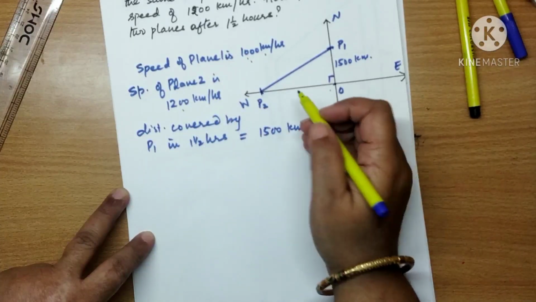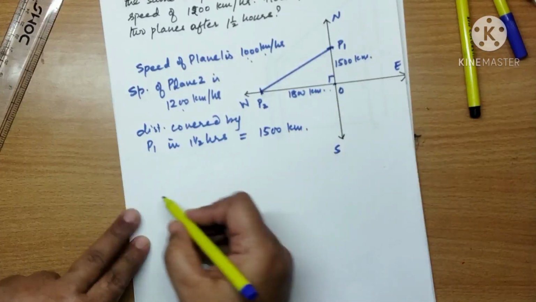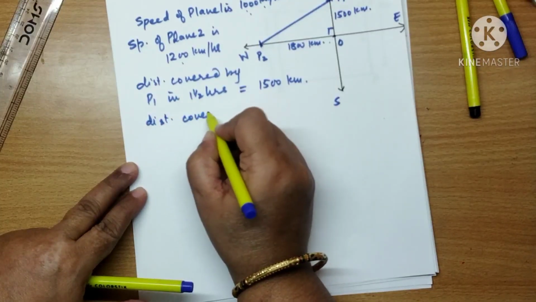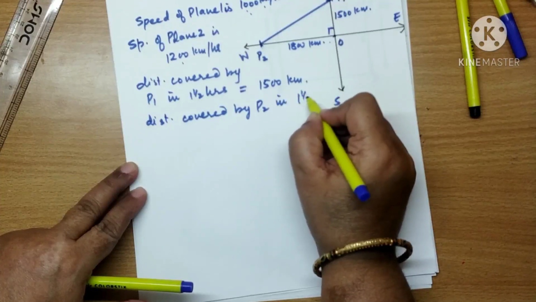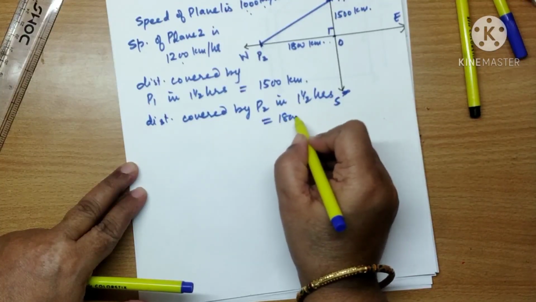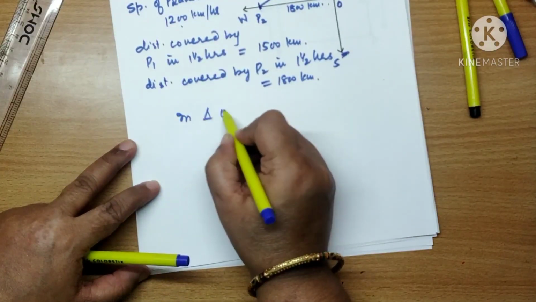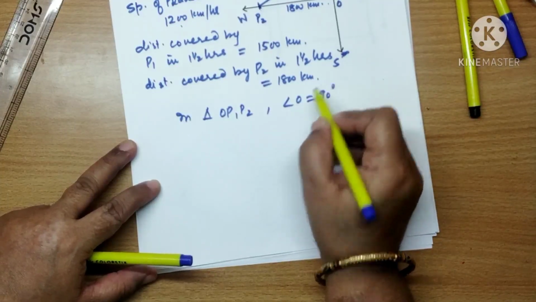So in 1.5 hours, 1200 plus 600, that is 1800 km. So the distance covered by plane 2 in 1.5 hours is 1800 km.